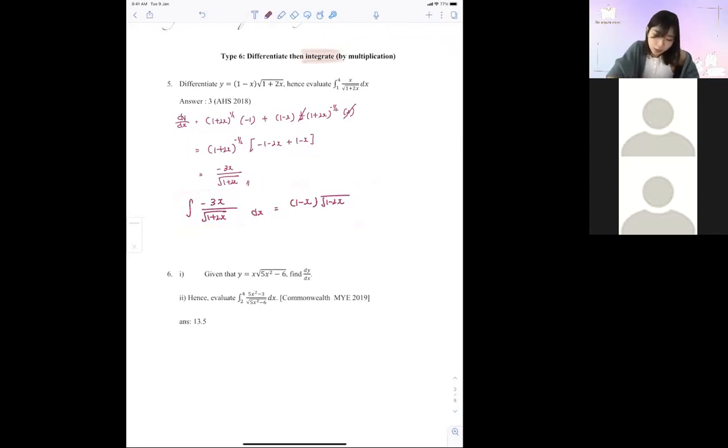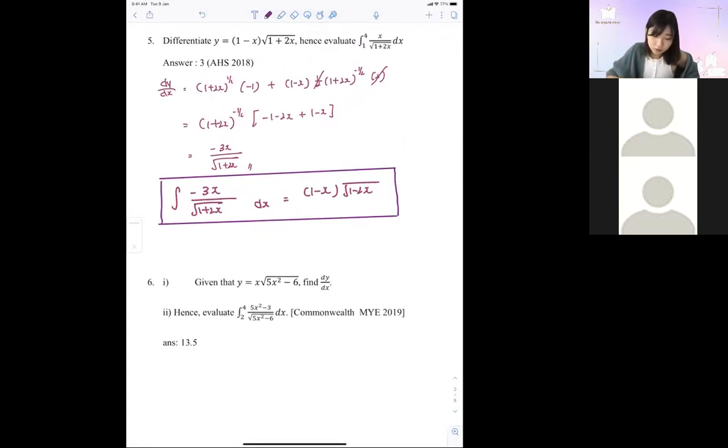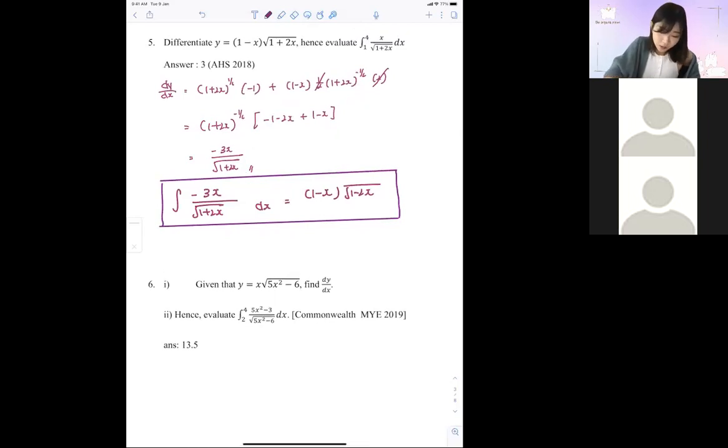So every time when I want to integrate something, I will start off with using my clue to help me. If you see here, this is my clue. This is what they want me to integrate. Dylan, can you tell me what is the difference between my clue and what they want me to integrate?